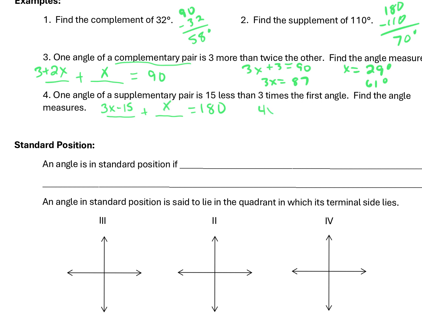So we get 4x minus 15 is equal to 180. So we get that x is, I don't remember, I'm checking my notes, 48.75 degrees. And so that means the other angle is 131.25 degrees.